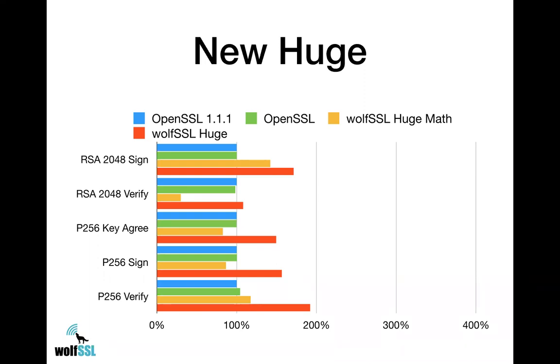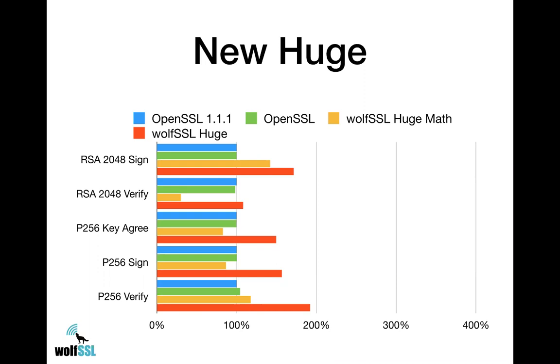Look at the huge implementation. Sign is now even faster than the RSA 2048 bits, faster than the normal WolfSSL huge library. The verify is now faster than the OpenSSL C code. Key agree, sign, verify, they're all a lot faster now.